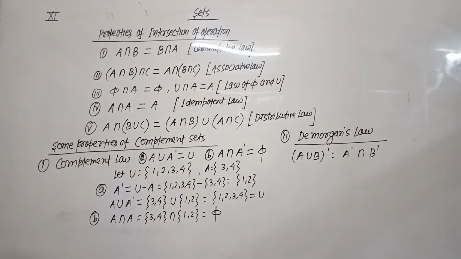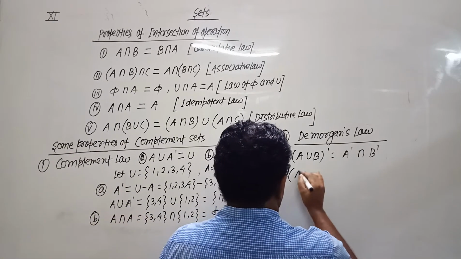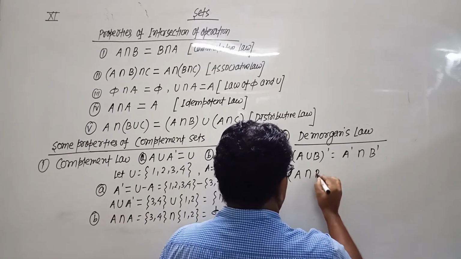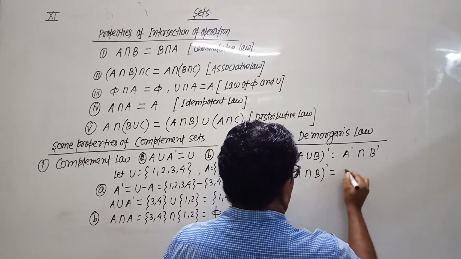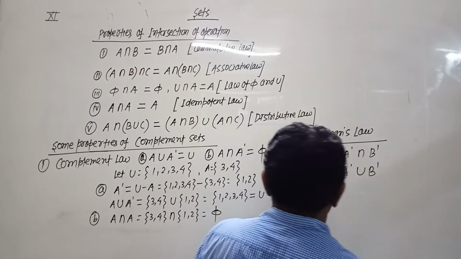And the second rule is (A intersection B) dash equals A dash union B dash.